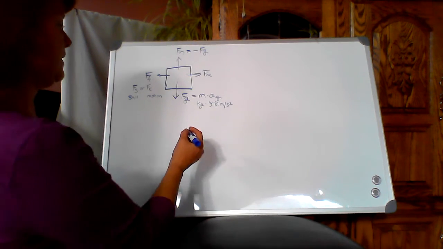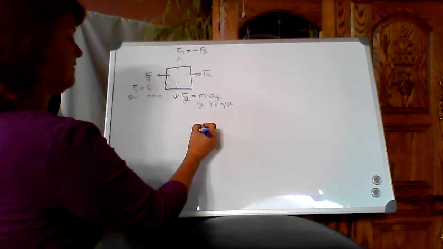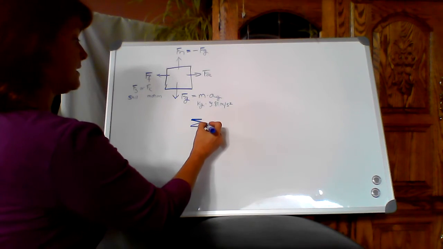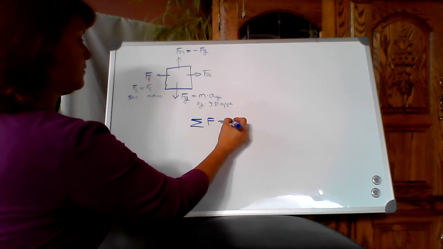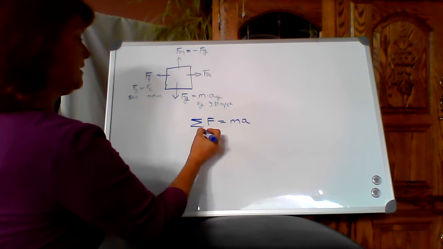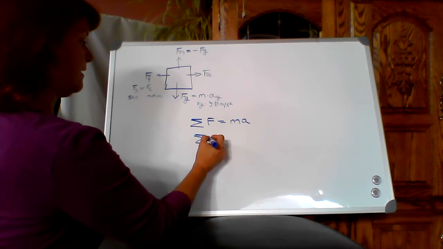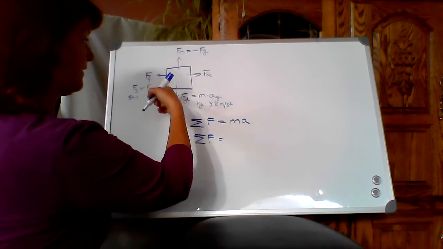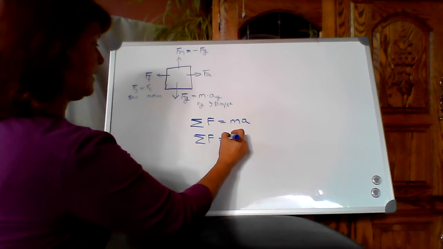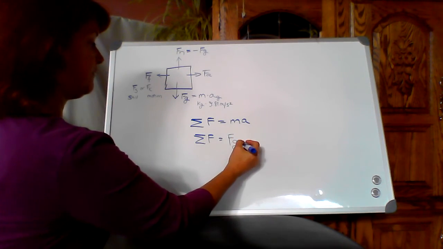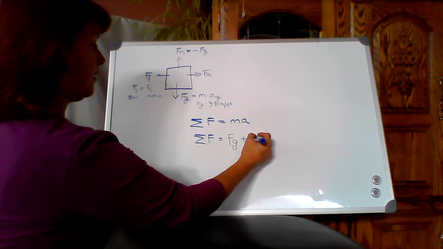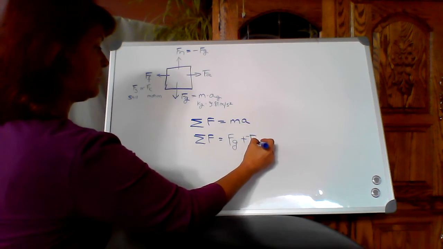So the formulas that we need for Module 5 are the sum of the forces equals mass times acceleration. This means that we're going to add all the forces acting on an object. For example, we look at them in pairs. So the force of gravity plus the normal force.